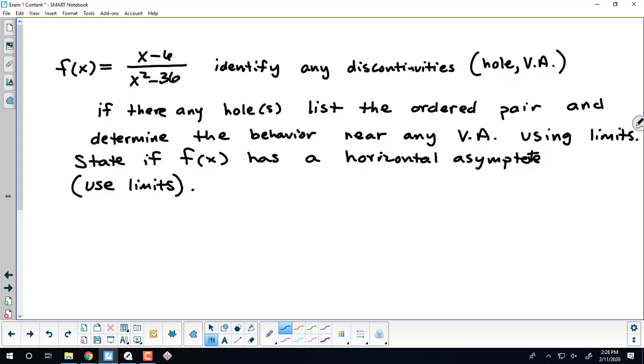So when we look at this function f of x, we can start from an algebraic perspective and say, all right, that's just x minus 6 over x plus 6 times x minus 6.